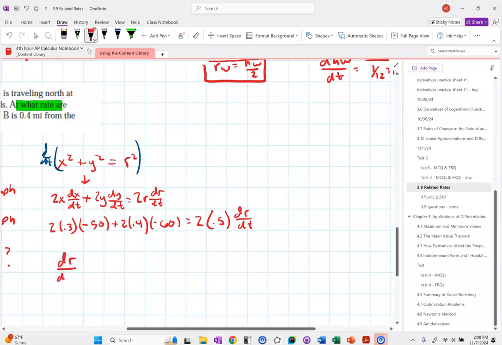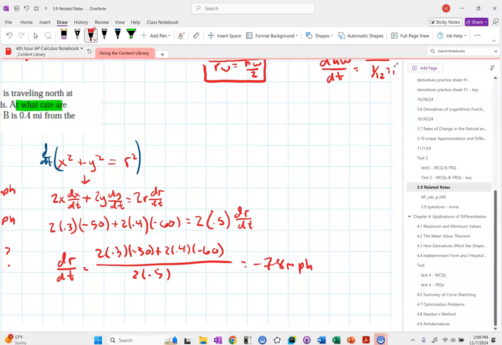So dr dt is going to be 2 times 0.3 times negative 50 plus 2 times 0.4 times negative 60, divided by 2 times 0.5, which is negative 78 miles per hour. So that's the rate at which the cars are heading towards one another, the rate at which the distance between the two cars is closing at that instant, right?